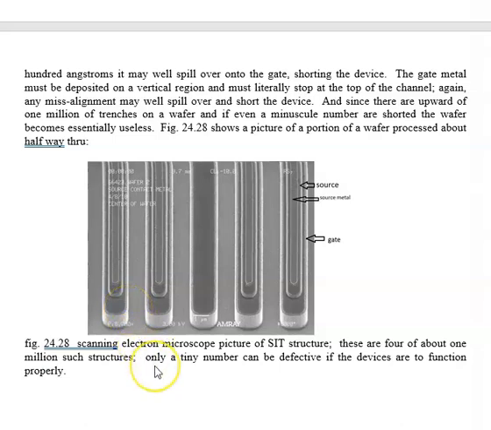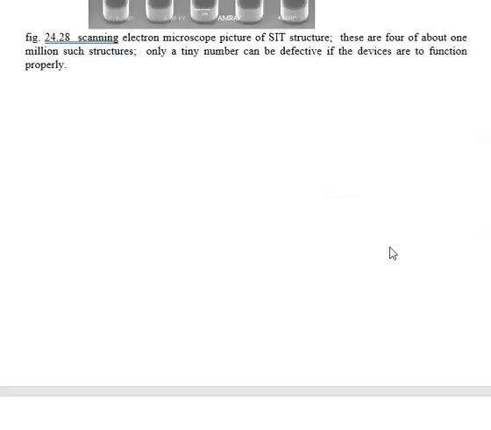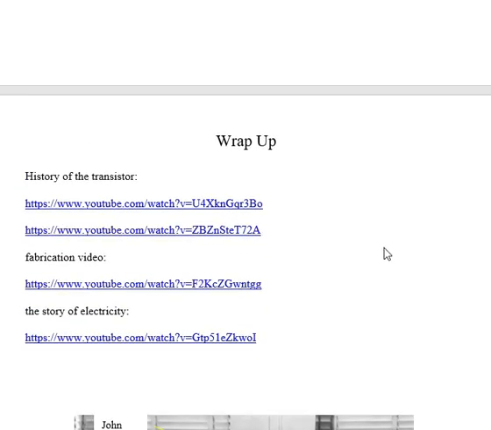And the bottom line is only a very tiny number of these devices can be defective if the device is going to function. Generally, we'll have about 10, 15 to 20 of these things connected in parallel to make one transistor. So let's wrap things up, and what I've done here is some suggestions for general videos.